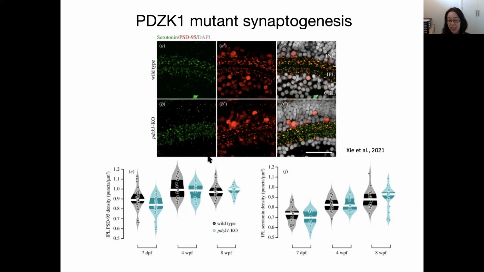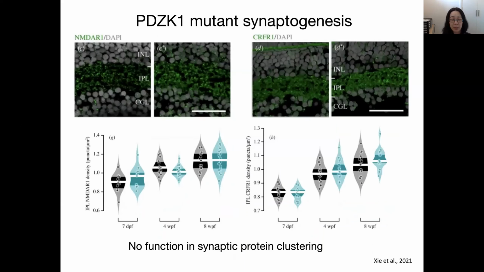We didn't see any changes. Jaheng took this to older animals, thinking that maybe a phenotype would come up later, and we saw nothing. Basically the same is true for NMDA receptors and CRFR receptors, which had also previously been shown to be co-localized in hippocampal culture with PDZK1, and we saw nothing.